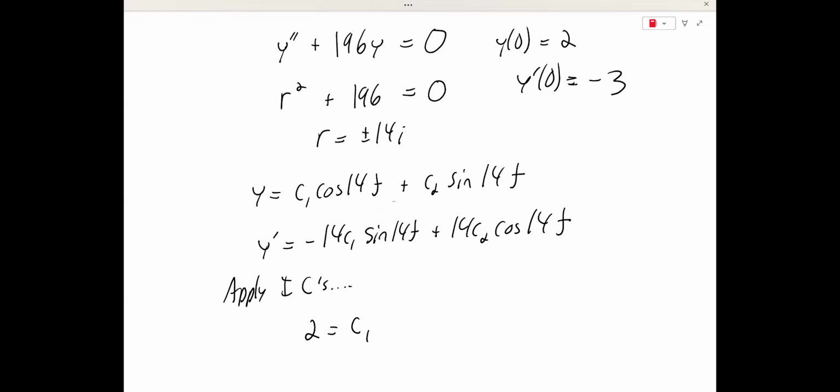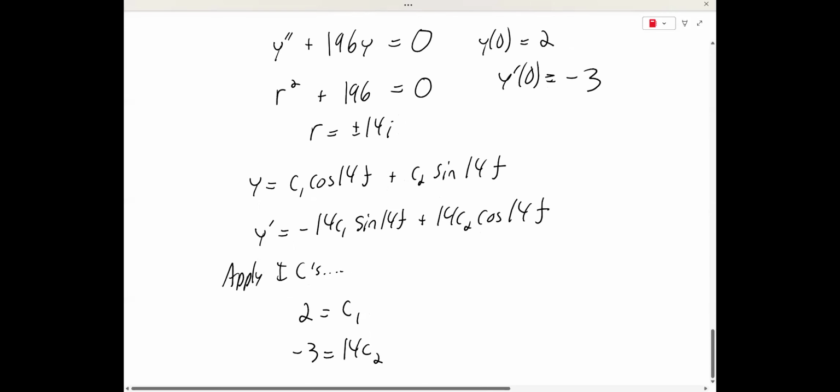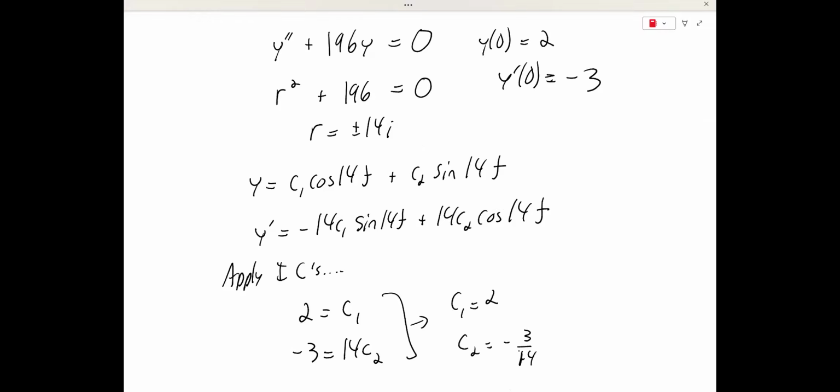And then from the second one, -3 equals, and if I put in 0, that would drop, and I get 14C2. So that's applying the two conditions there. Okay, anything on that? So you get 2 here and 0 here, and then -3 here and 0 here. So C1 is equal to 2, and C2 is equal to -3/14.